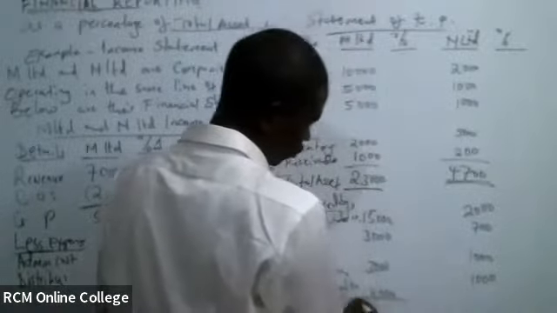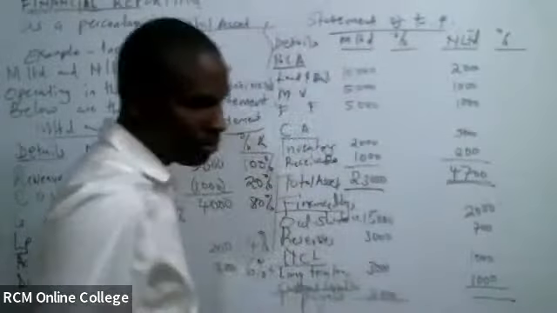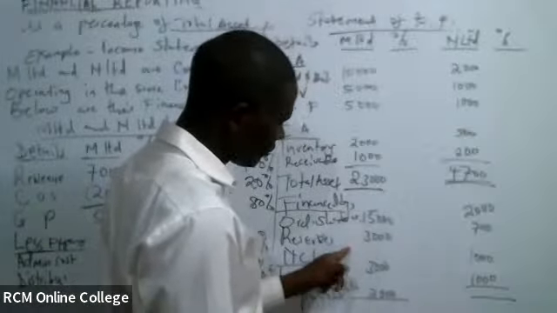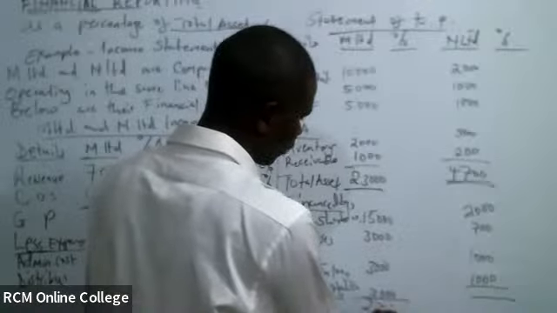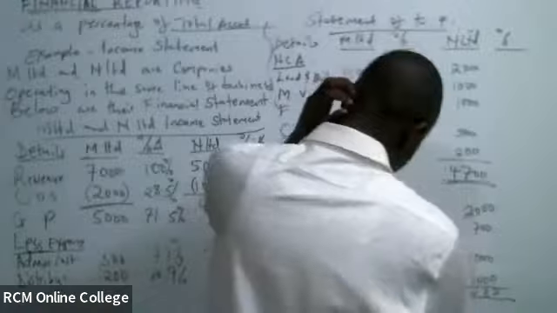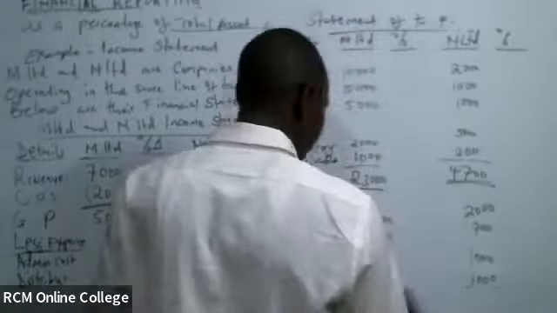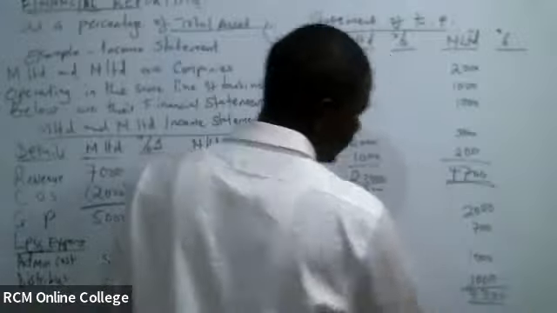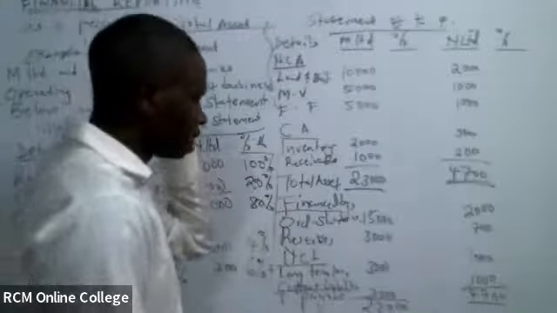Then the total, is it adding up? 15,000, 18, 21, 23. Yes, it's adding up to 23,000. No, the other one is 47, not 23. The other one is 4,700. Good.